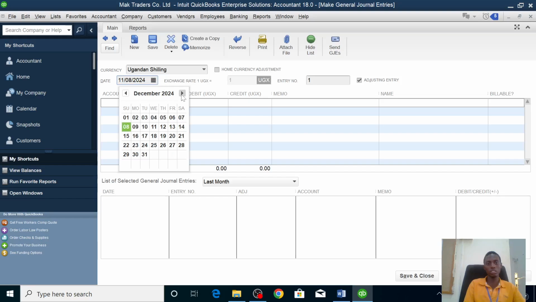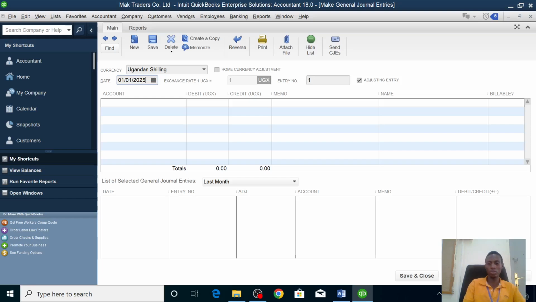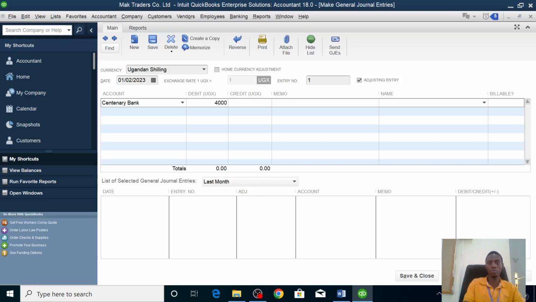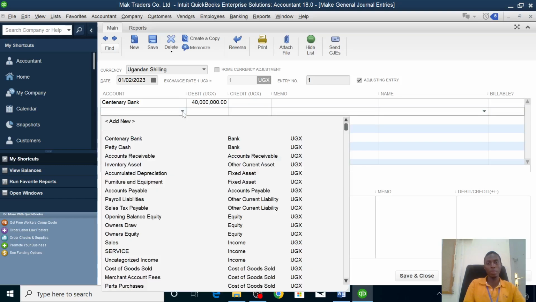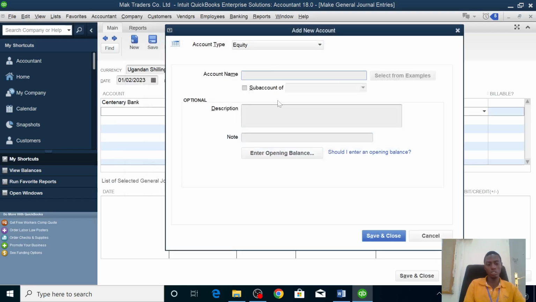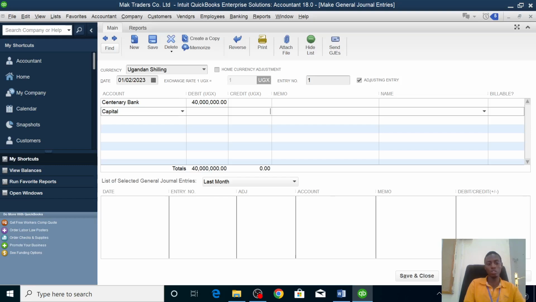The date, January 2023. It was deposited, then I debit Centenary Bank with 40 million and I credit capital, additional capital, equity, continue, then I say it's capital, save and close, and credit it with 40 million too.